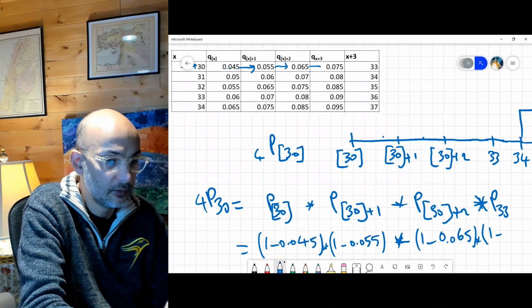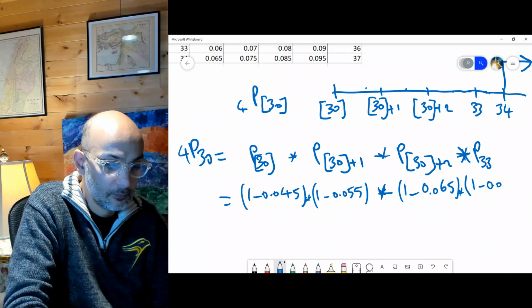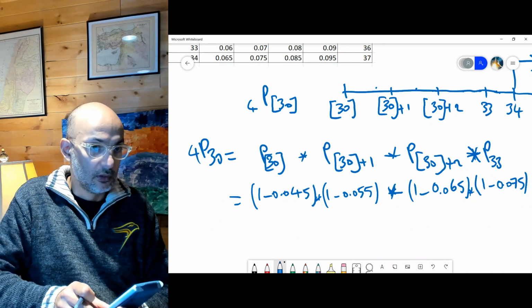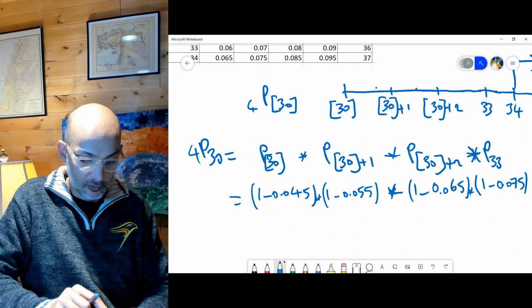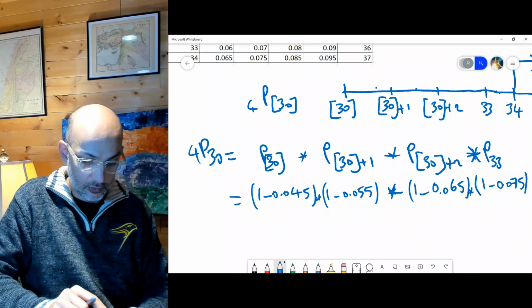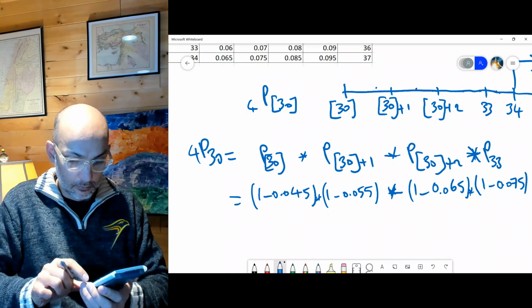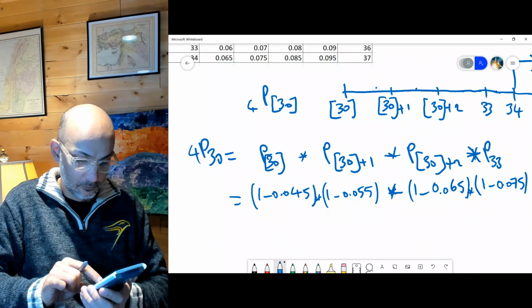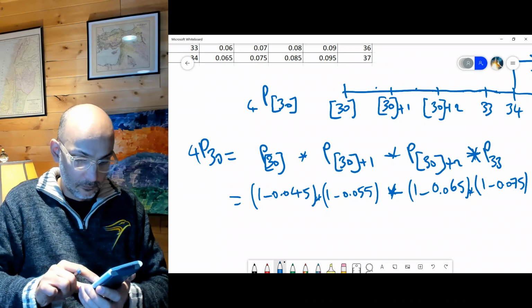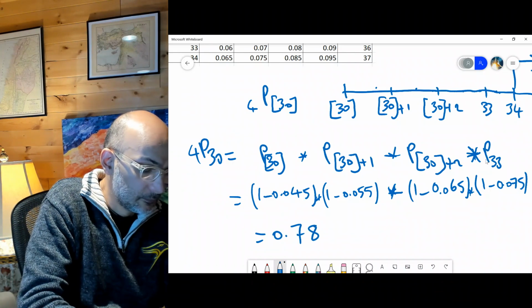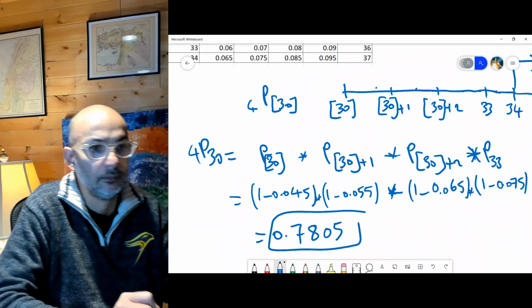Oh, I forgot 0.75. You need to multiply them quickly. So if you multiply them, 1 minus 0.45 multiplied by 1 minus 0.55 multiplied by 1 minus 0.65, I got this answer.